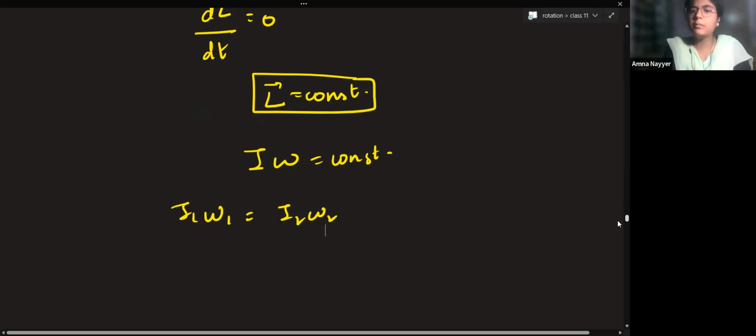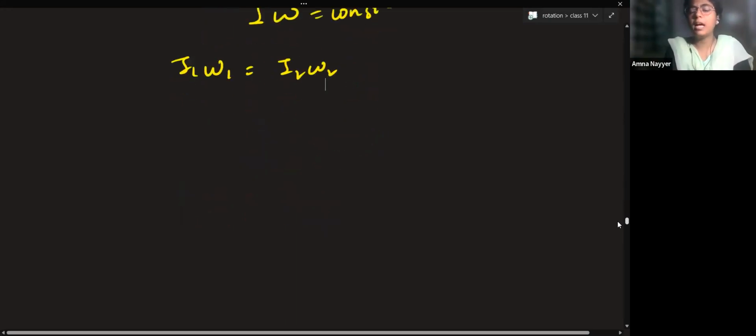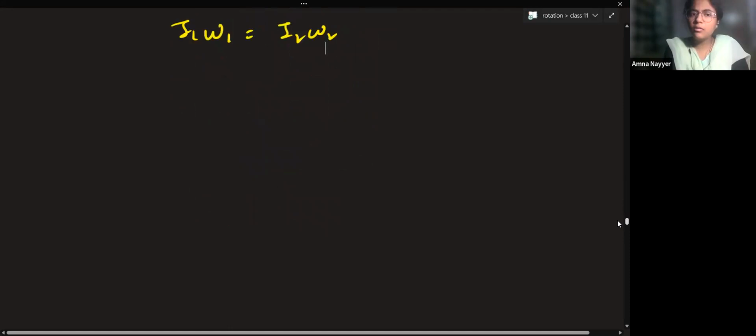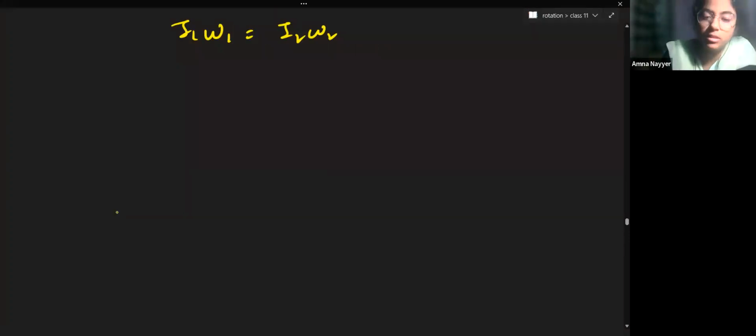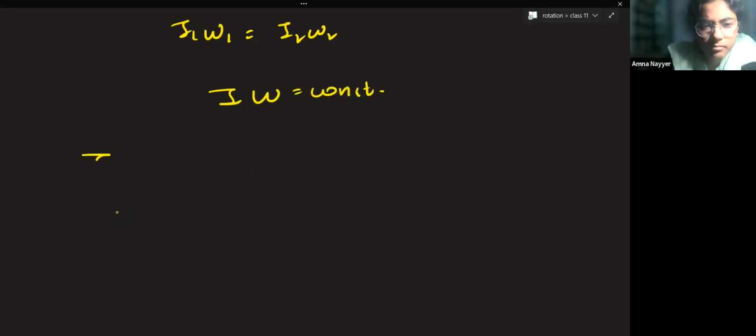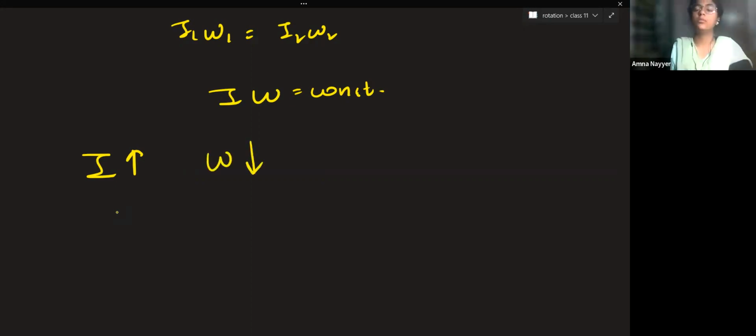Moment of inertia multiplied by angular velocity. So moment of inertia and angular velocity, their product is constant. If I omega is constant, tell me one thing, class. If I increase moment of inertia, I have to anyhow decrease the angular velocity.